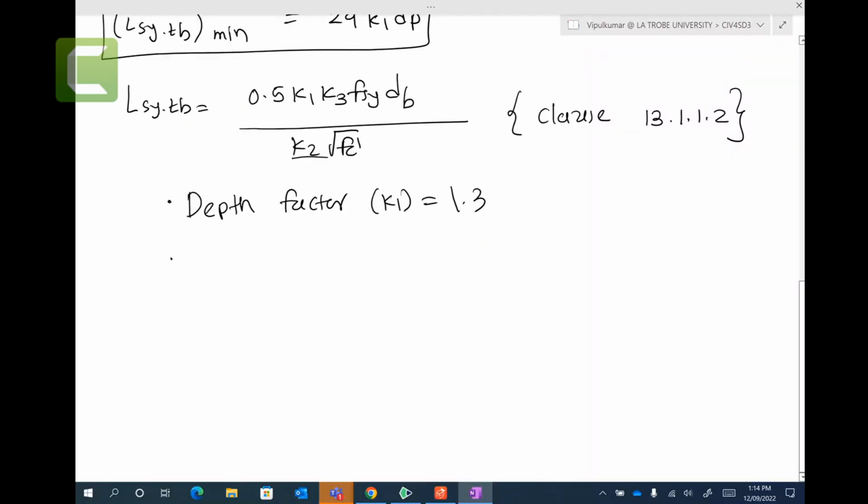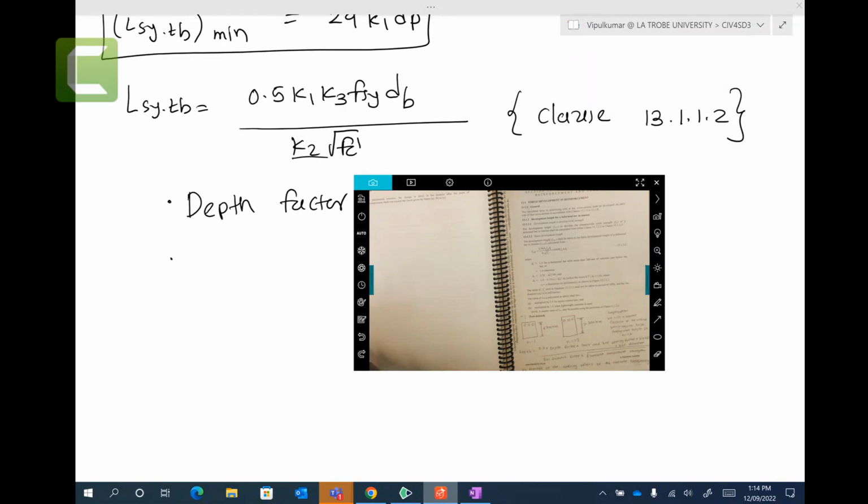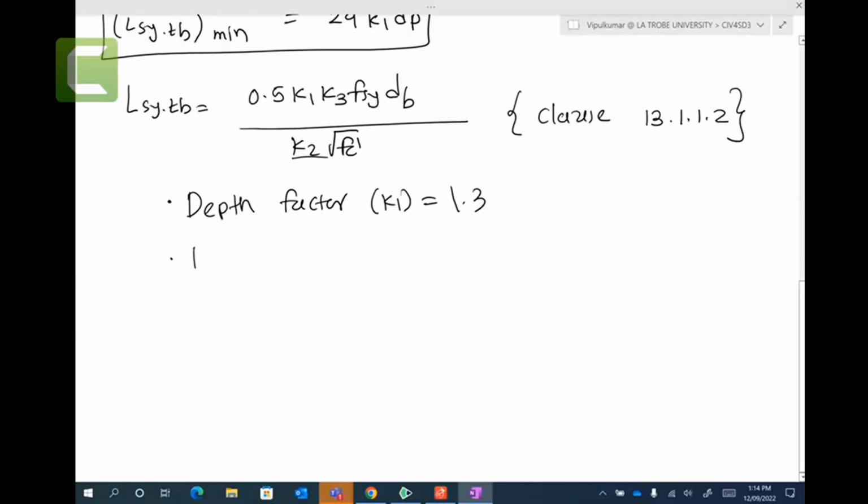K2 is the bar diameter factor, and that is the equation (132 minus db) over 100.